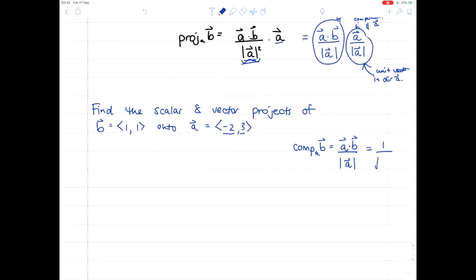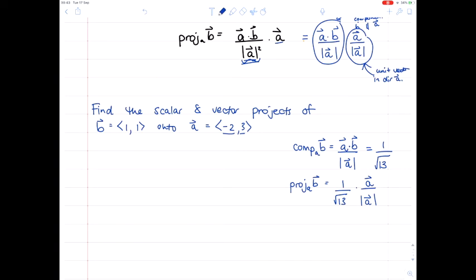So we've got the root of 13. And our projection of B onto A is going to be 1 over root 13 times the unit vector in the direction of A.